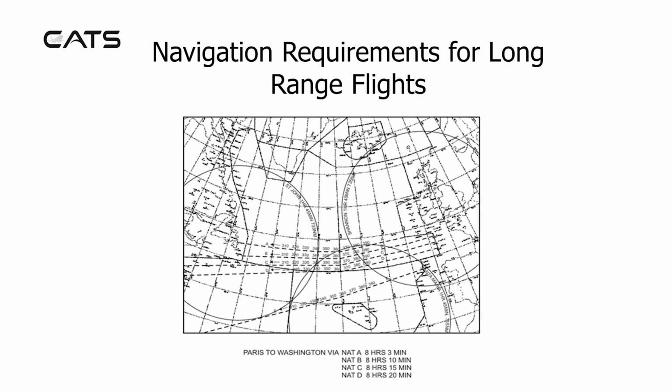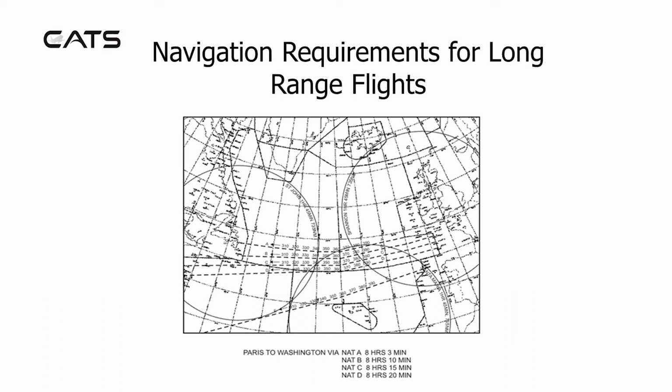If you look at this chart, there are three circles drawn around the respective aerodromes, Shannon, Santa Maria and St. John Torbay.